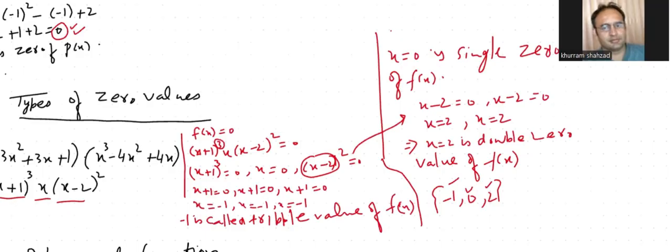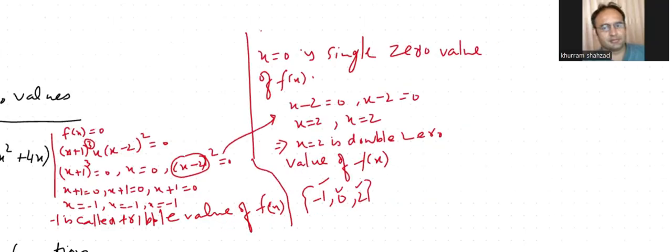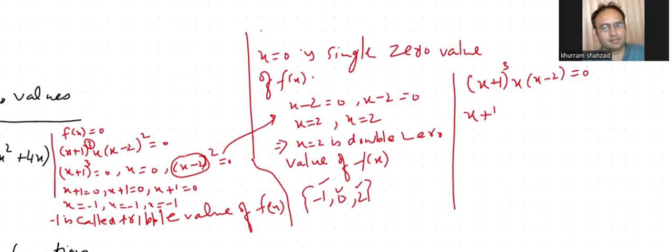So in factorization, like in the example we were recently discussing, if anything is being repeated more than once, like x plus 1 cubed, then since x plus 1 is repeated 3 times, we say that this is a threefold value.